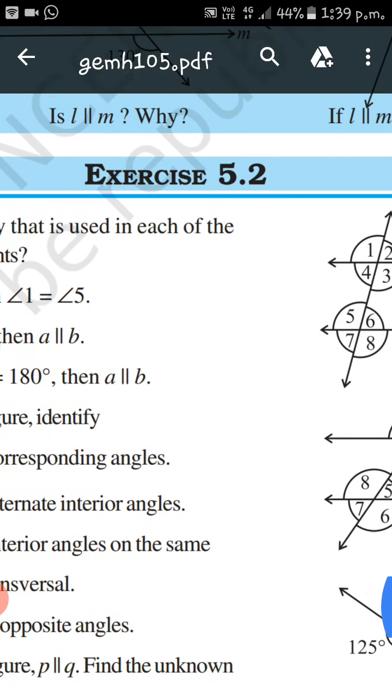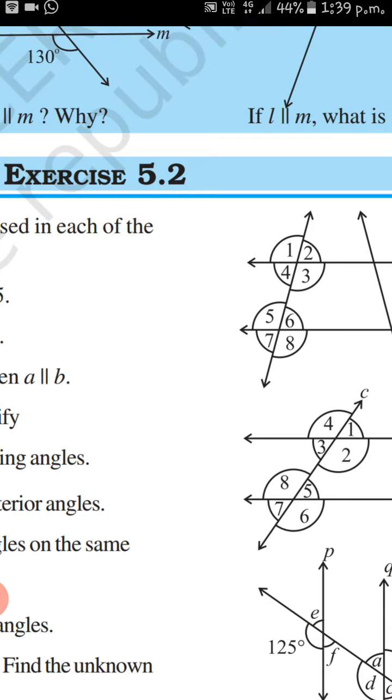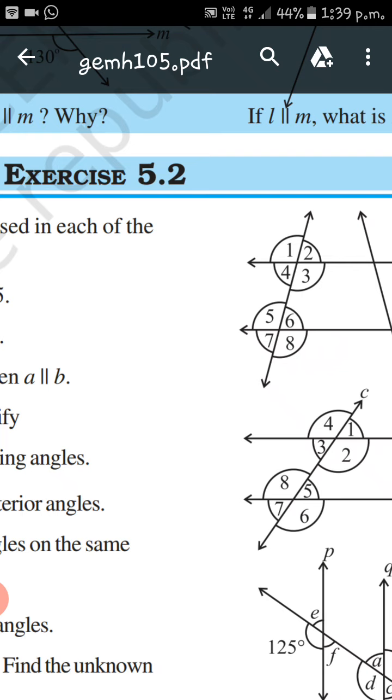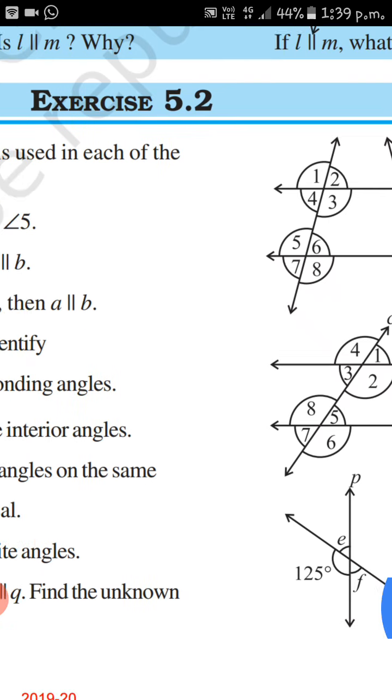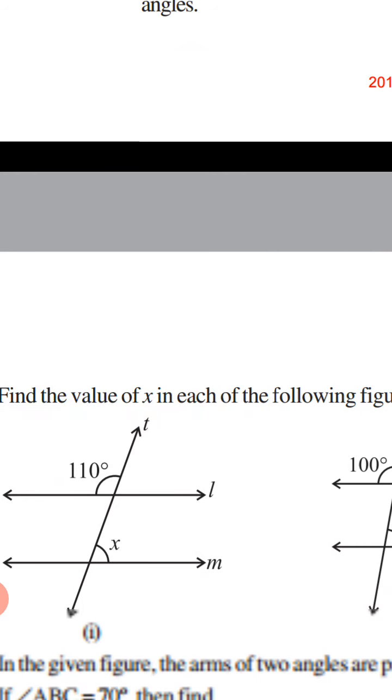Similarly, 4 plus 5 are the interior angles on the same side of the transversal, and their sum is 180 degree. These angles 4 and 5 are called co-interior angles. So you have to write the reason, the third, that co-interior angles are supplementary. Likewise you have to do exercise 5.2 in your homework notebook.